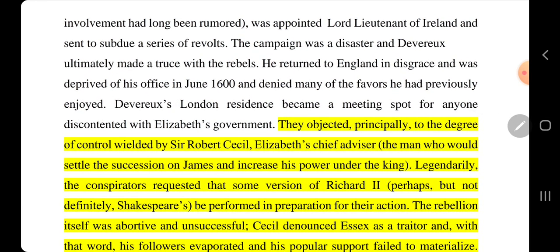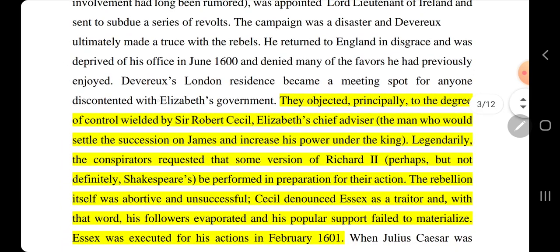The place in which he lived, Devereux's London residence, became a meeting spot for anyone who was discontent with Elizabeth's government. Everyone who hated Queen Elizabeth and didn't want her on the throne would go to Devereux's residence.